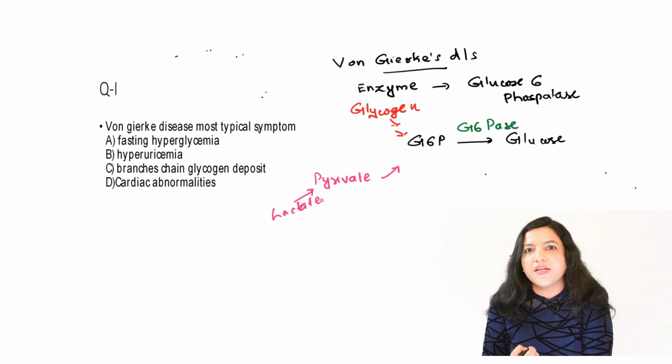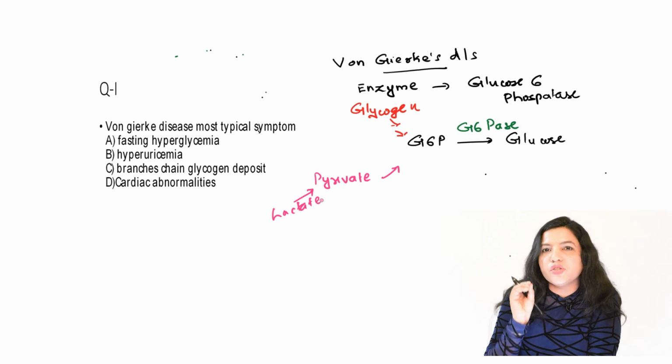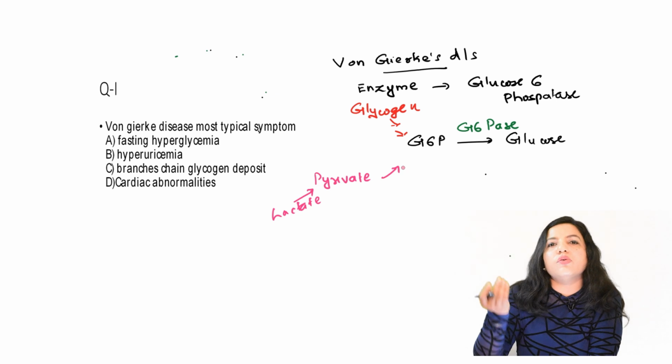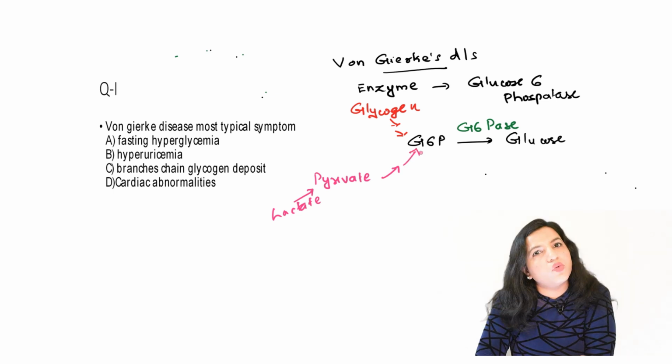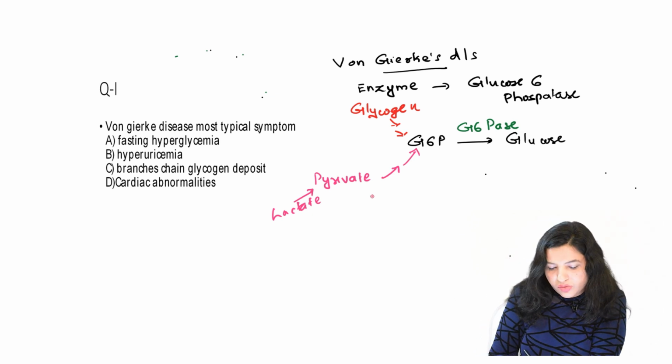So many substrates are there. I don't want to describe gluconeogenesis here, but whatever the substrate, it will become pyruvate and go through the gluconeogenesis pathway, and finally that will also end up in glucose 6-phosphate, and it has to be converted to glucose, right? So this is gluconeogenesis.